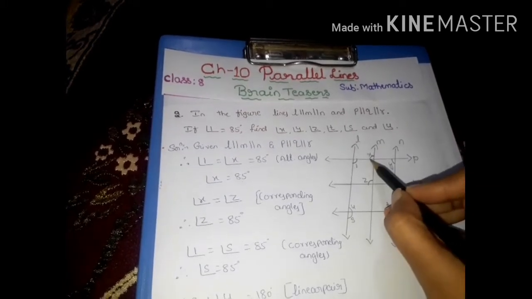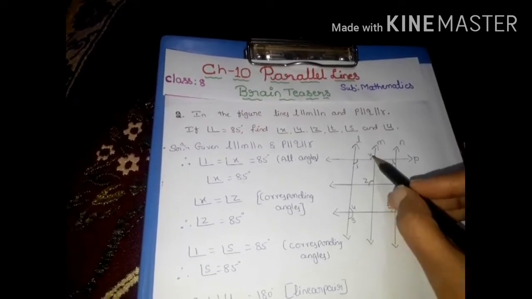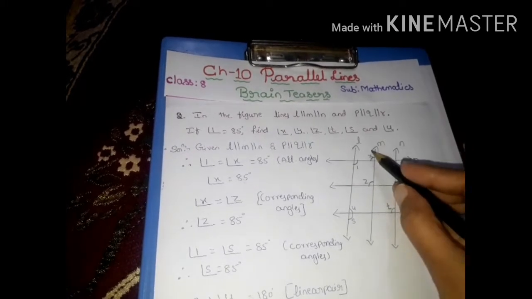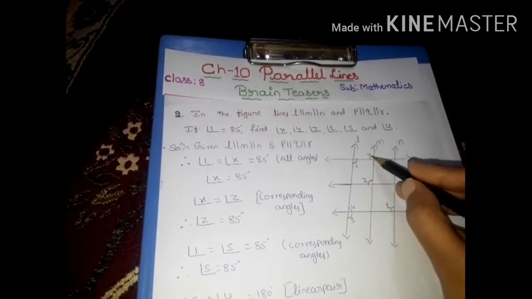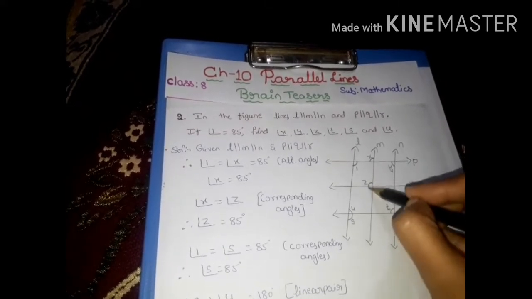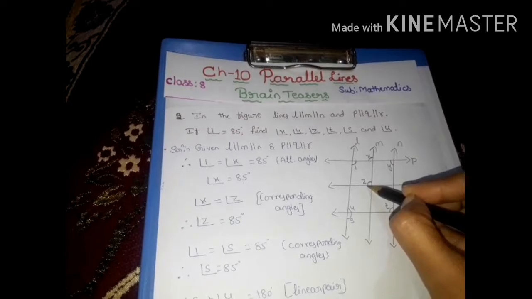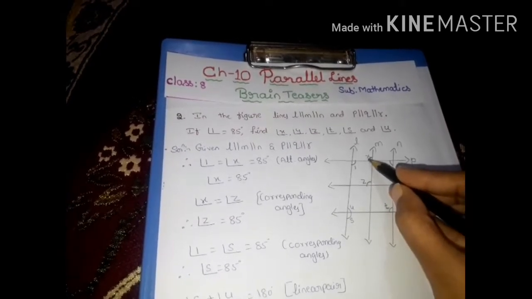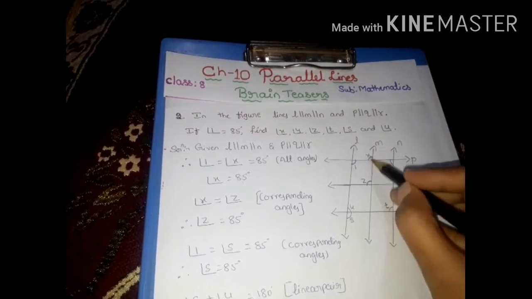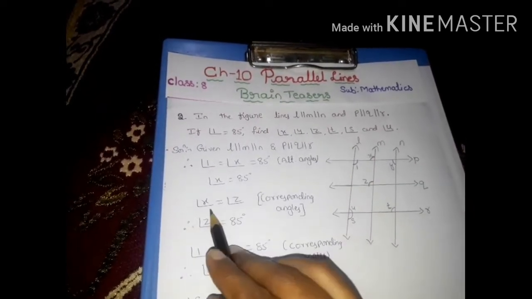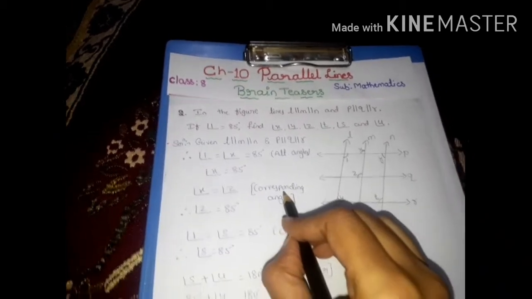Then angle X and angle Z are corresponding angles because they are on the same side of the transversal, one angle outside and one inside. In parallel lines, corresponding angles are equal. Angle X is 85 degrees, so angle Z is also 85 degrees.